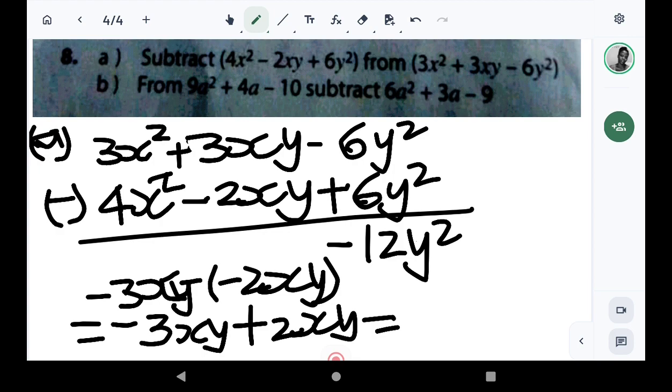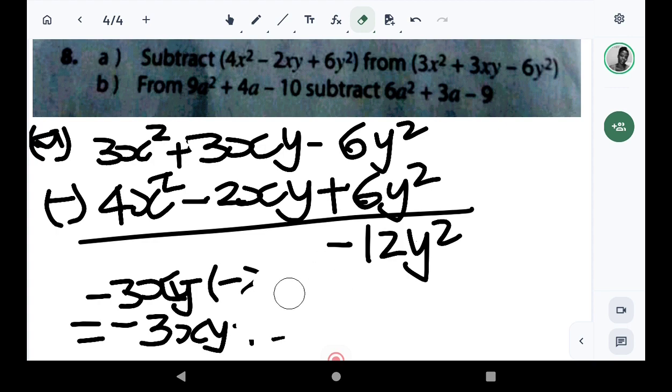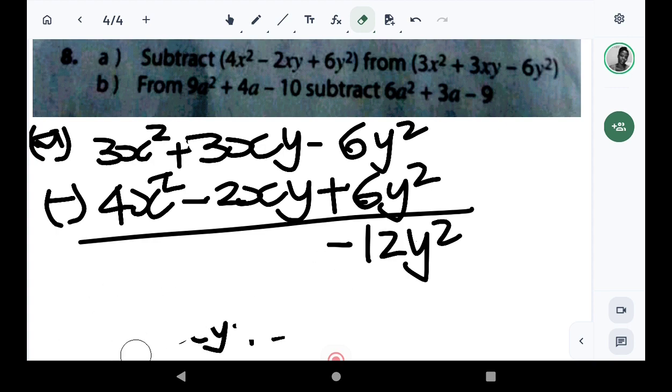Now, negative 3xy plus 2xy is the same as 2xy minus 3xy. It's an integer, so we go minus and then we go 3 minus 2. 3 minus 2 is 1, so that is negative 1. So that will be negative xy.